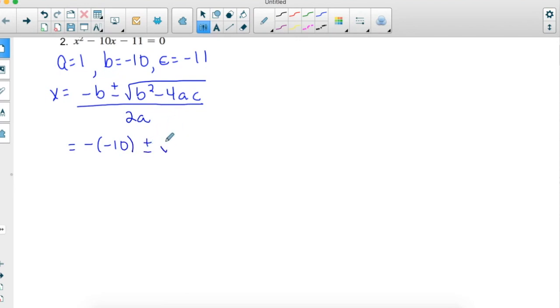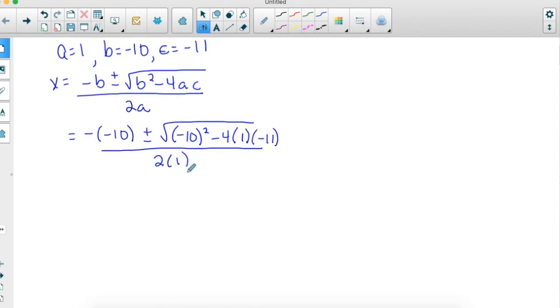Now in the square root we have b squared, so it's negative 10 to the second power, minus 4 times a, which is 1, times c, which is negative 11. And all of this is going to be over 2 times 1.